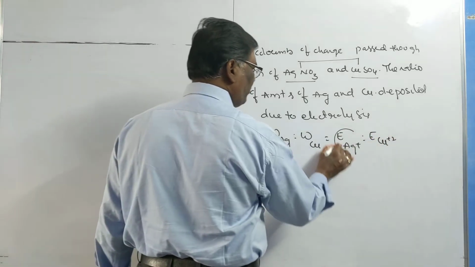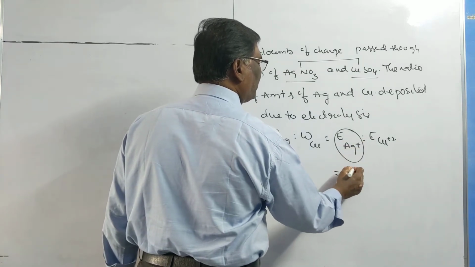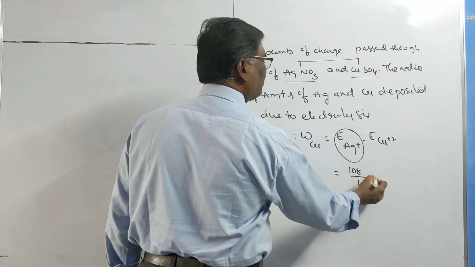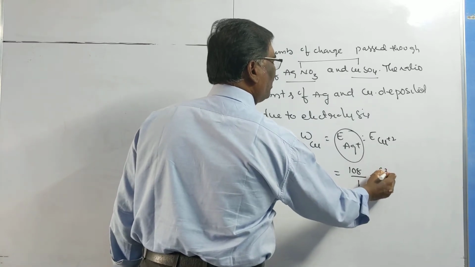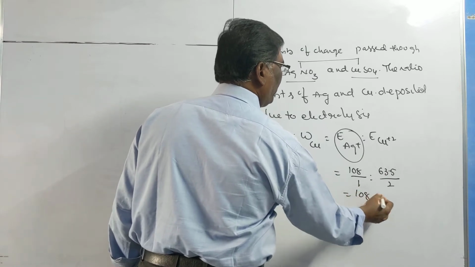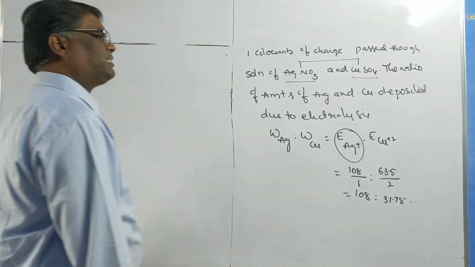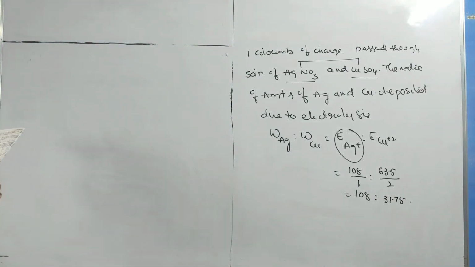So what is the equivalent weight of silver? Atomic weight by valency: atomic weight 108 by valency 1. Atomic weight of copper 63.5 by 2. So 108 is to 31.75. This is the ratio of weights of substances deposited.